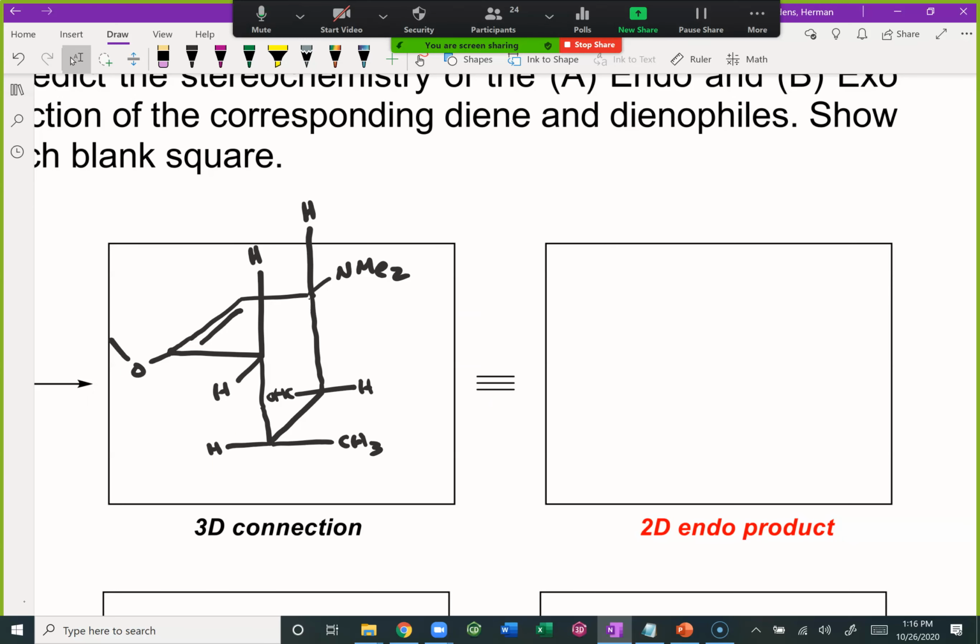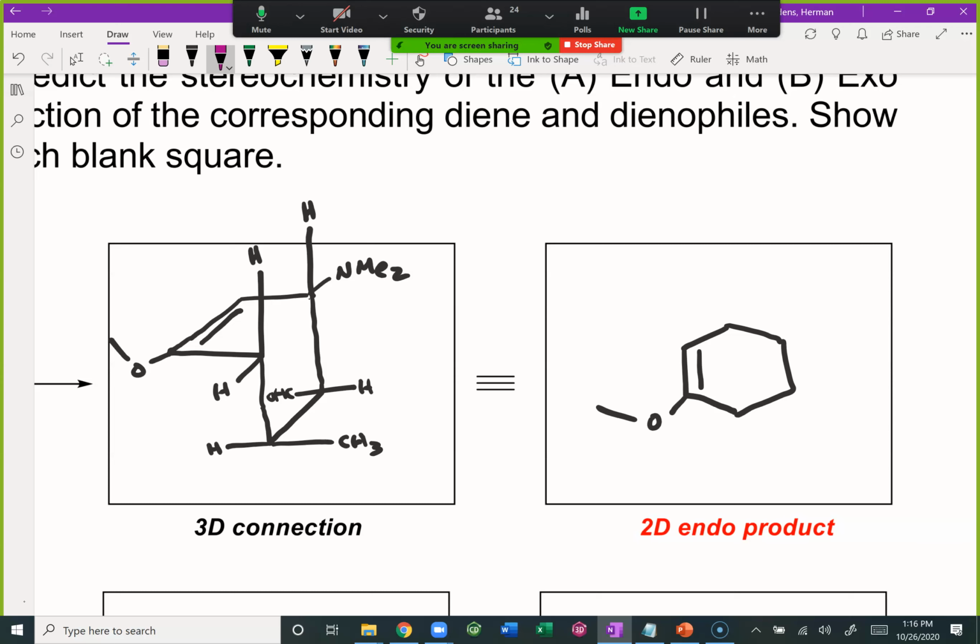Now I'm going to push this accordion-looking structure down. I'm going to flatten it out and draw it in 2D. So I'm going to have a double bond here. I'm going to have a methoxy group.